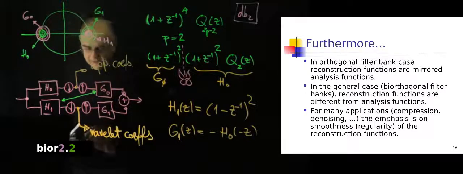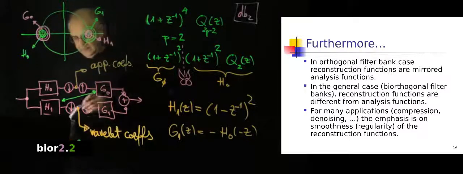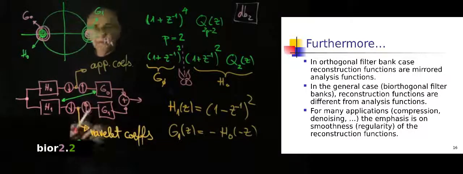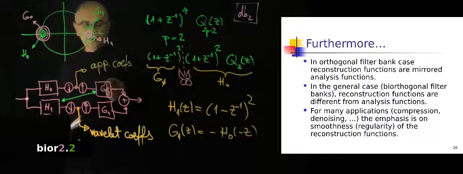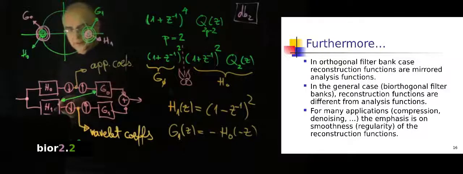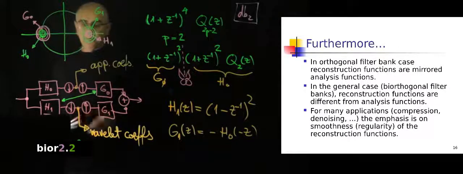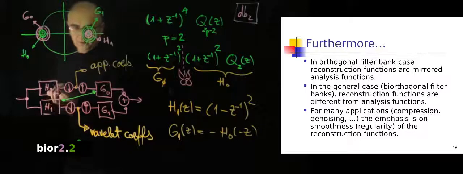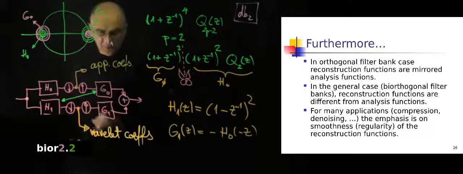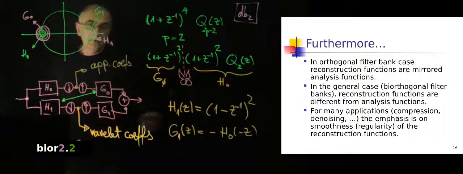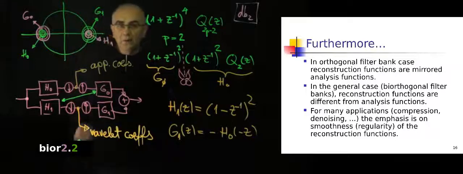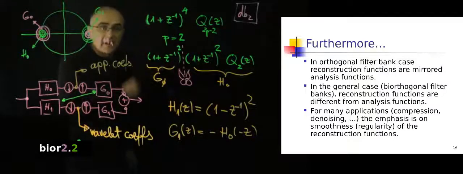So now I need a green color. The first number corresponds to the zeros of J0 and H1. The second number corresponds to zeros of H0 and G1, which is, let's say, less important for our wavelet coefficients. So right now we are ready to understand the next slide.